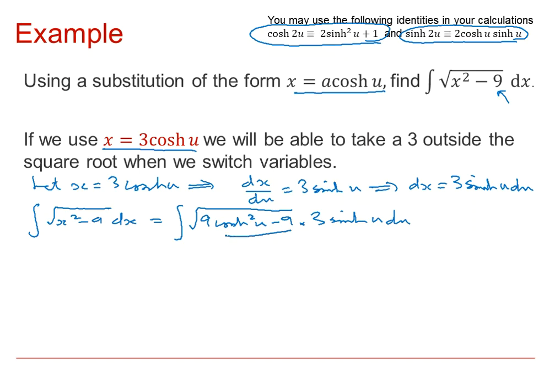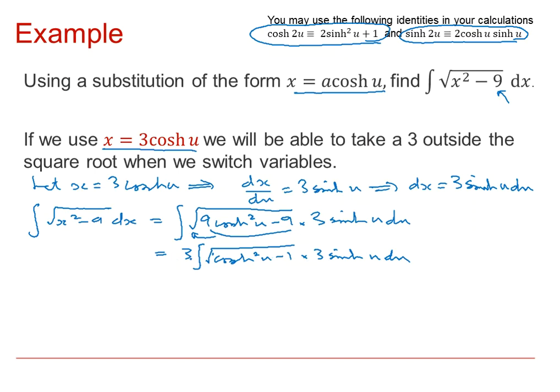Notice that 9 is a common factor, so if I pull the 9 out of this square root we get a 3, so it's 3 times the integral of the square root of cosh squared u minus 1 times 3 sinh u du.